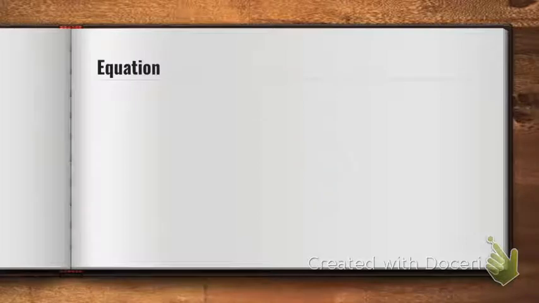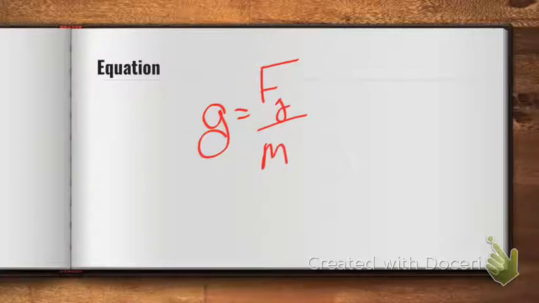Gravitational field strength, g, is equal to the force acting on the object in the field divided by the mass of the object experiencing the force. We've seen this before as force of gravity is equal to mass times the acceleration due to gravity. And we can see it over here like this.